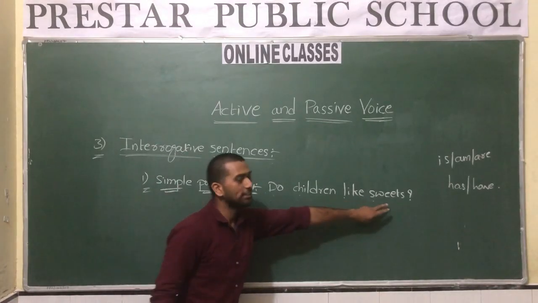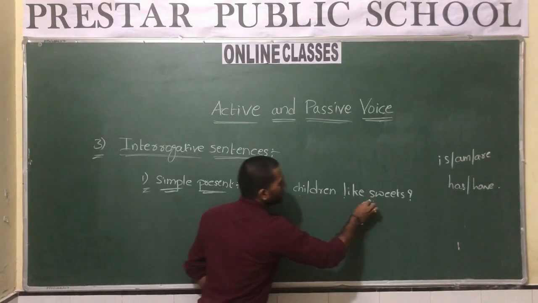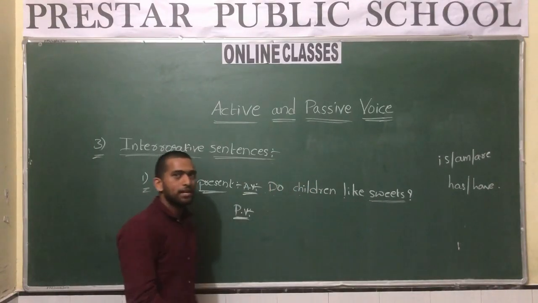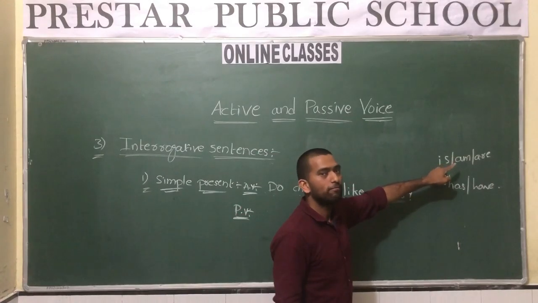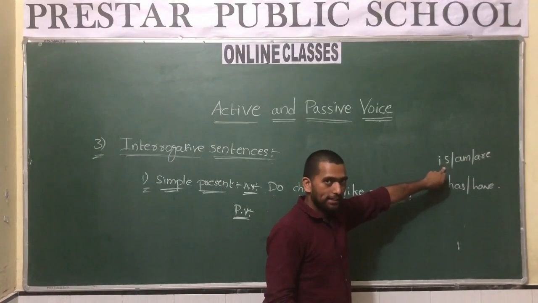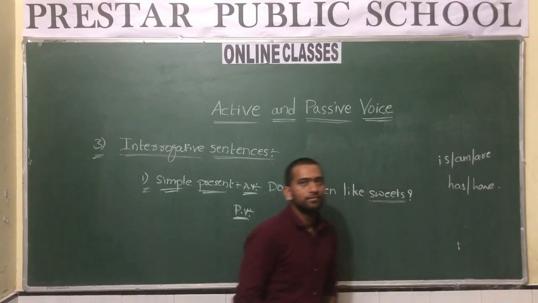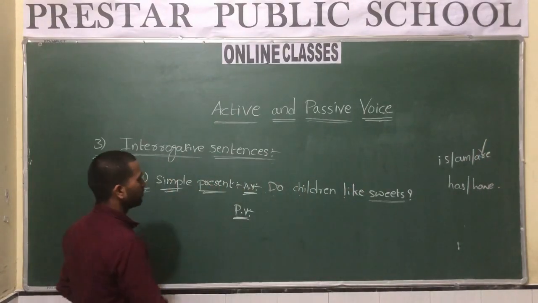According to the object, we take the helping verb. So the object is in plural form, yes or no? Sweets means it is plural. So for plural, which helping verb are we to use here? Is, am, or are? Exactly. We have to use are for the plural.